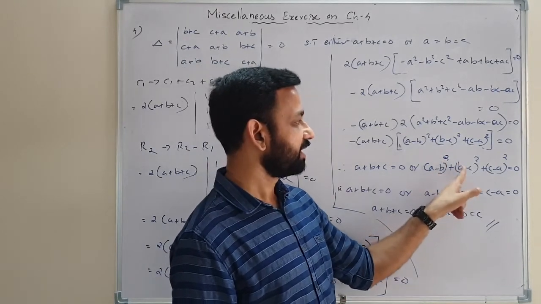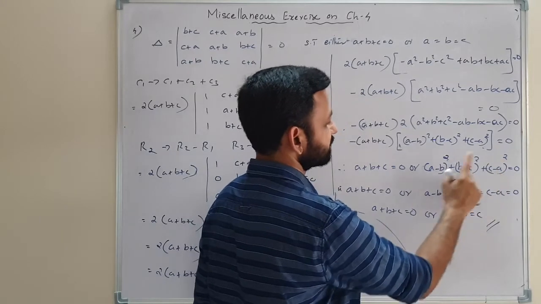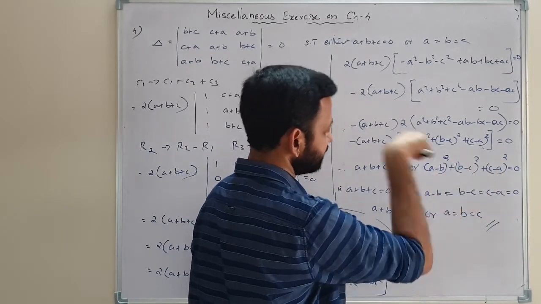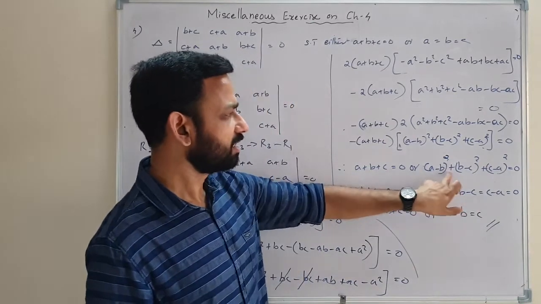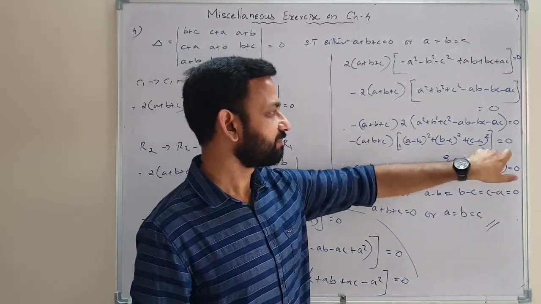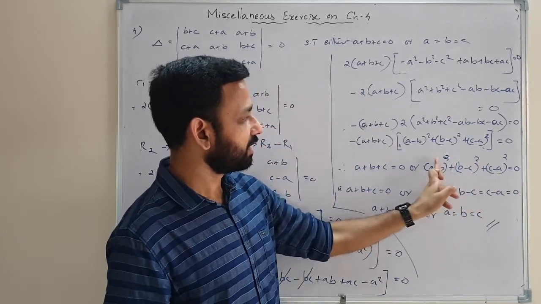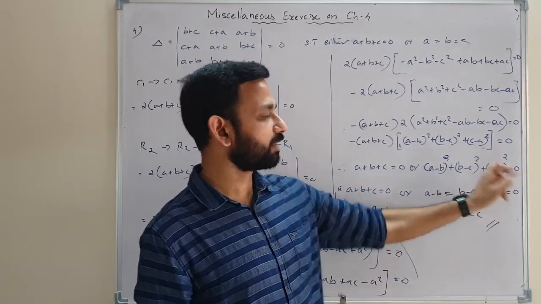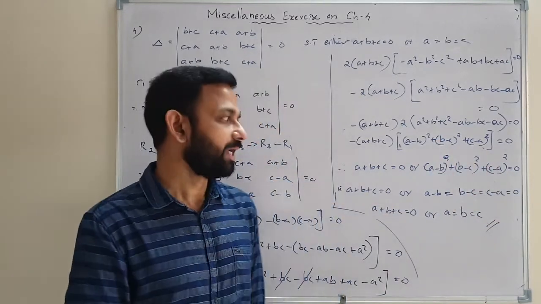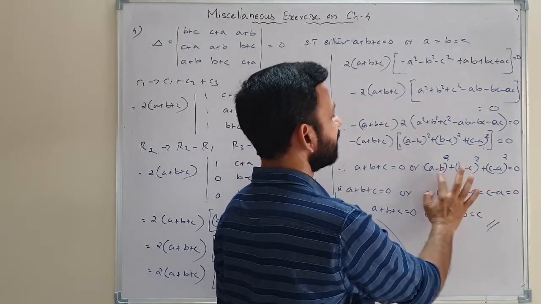Square cannot be negative. So these three expressions, a minus b, b minus c, and c minus a, their squares cannot be negative, and their sum equal to 0. If they are positive numbers, their sum cannot be 0 because it will be a positive number. So we have only one option, those three expressions will be 0.